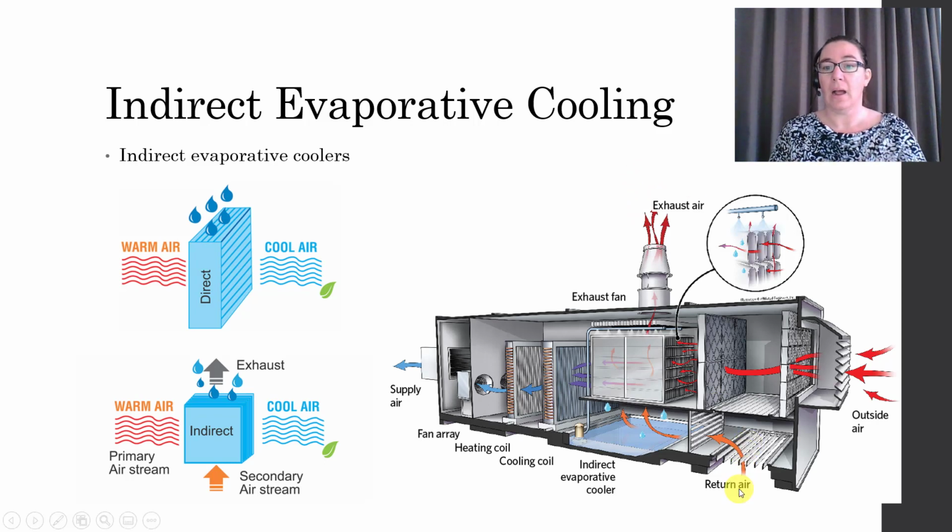On the other side, we have return air. This is already dry from the inside of your space, but it's warmed up. So return air is coming in through this direction. It goes through a heat exchanger in the indirect evaporative cooler, and then finally is cool and dry, and returns to the indoor space.